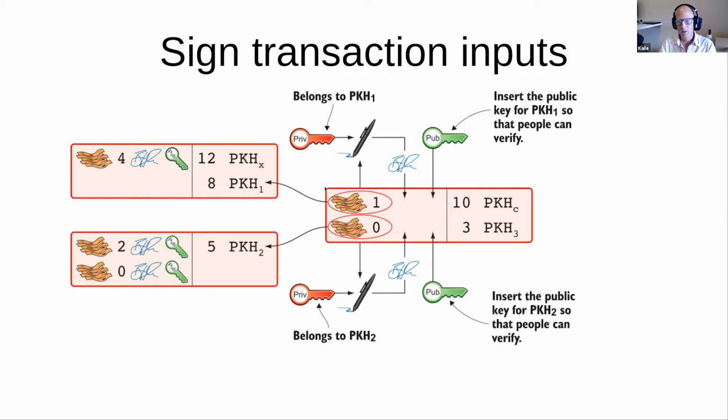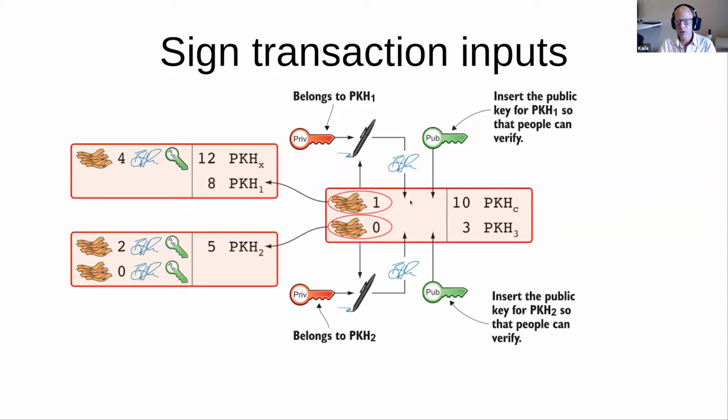So he takes this full transaction as the message, and this private key as the private key. Those 2 things are the input to the signing algorithm, and he signs it and keeps this signature around.